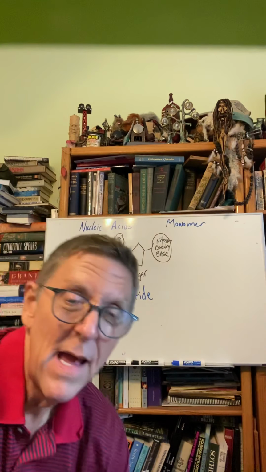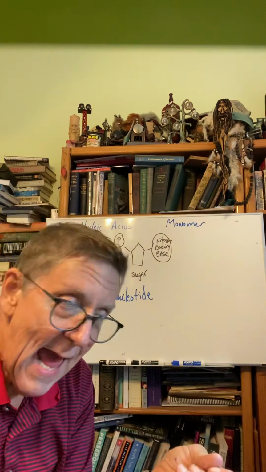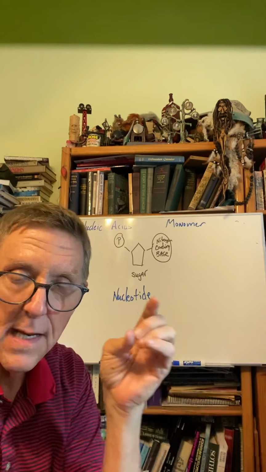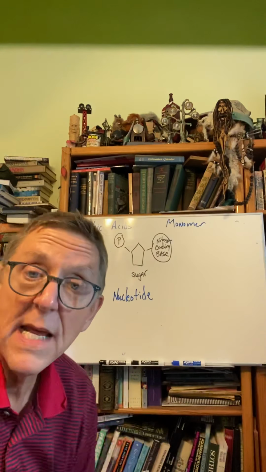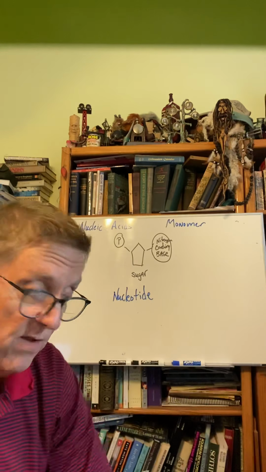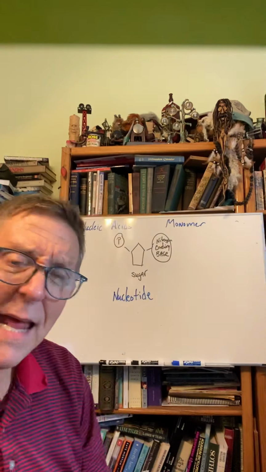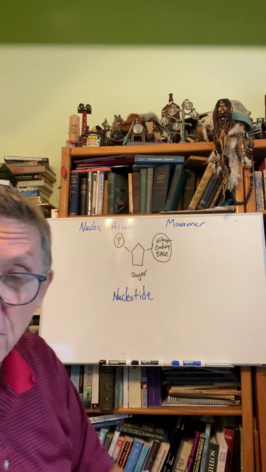If you've ever done anything with DNA, you know there's adenine, thymine, cytosine, and guanine. No one routinely uses those words. You just say the A's and T's and C's and G's, and it stands for each of those different bases.